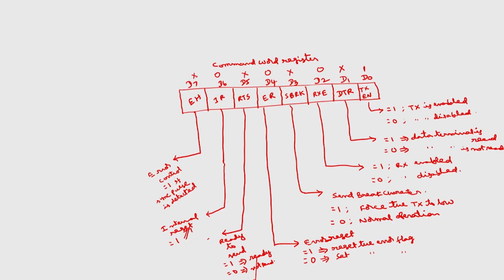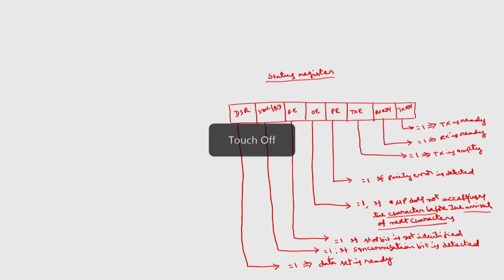This also is do not care. If I take all do not cares as zeros, this will be 0 1 H. So, the command word is 01H, and the status register: I have to check the last bit, which is transmit ready. I have to check until the transmitter is ready. So, I am interested in this bit.